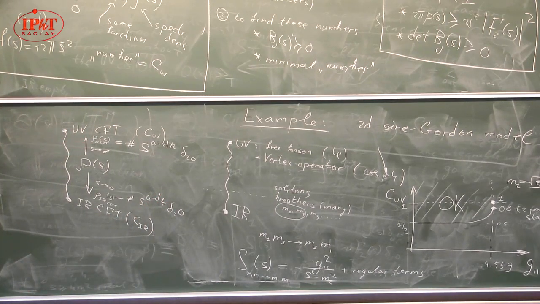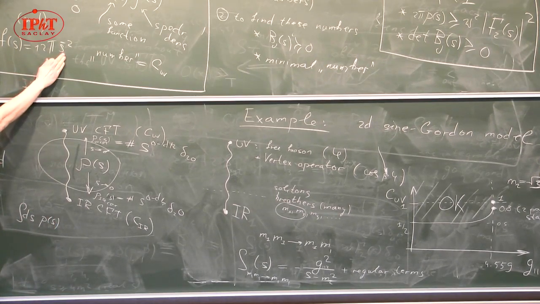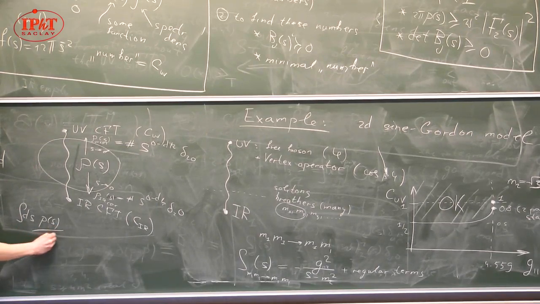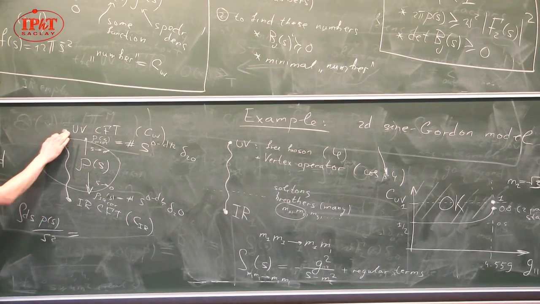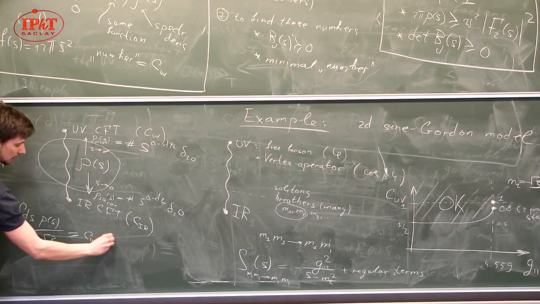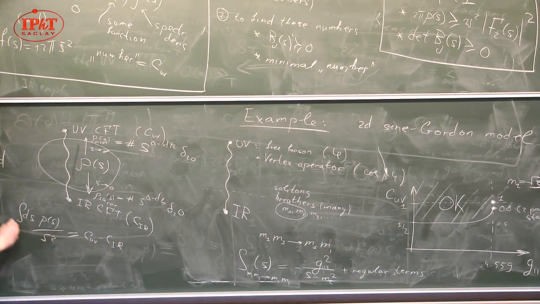So what in 2 dimensions the C theorem tells you is that if you integrate the spectral density over the main bulk of energies, the integral over rho S with this particular weight, you should recover the difference between the central charges in UV minus central charge in IR, times some function.